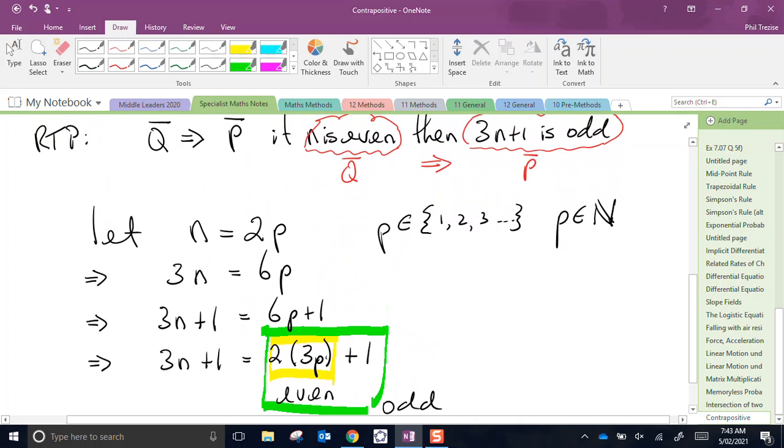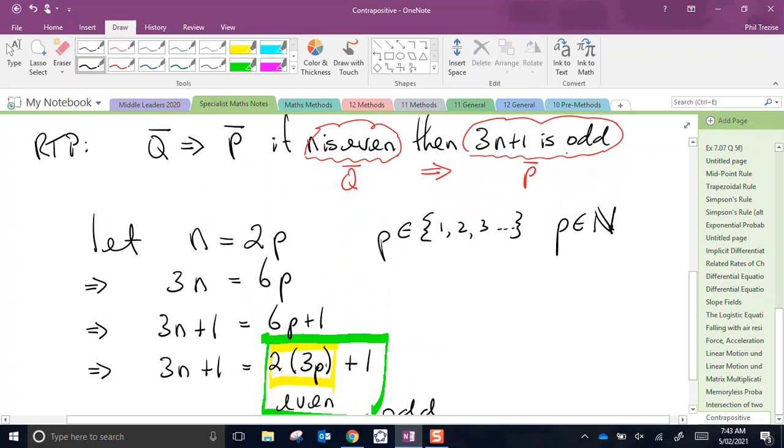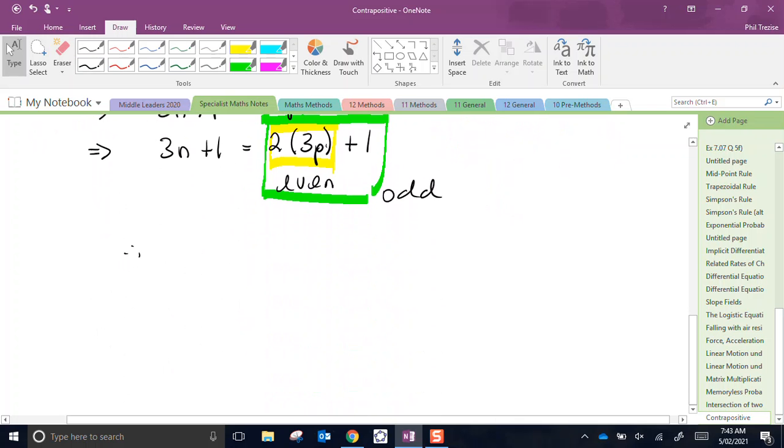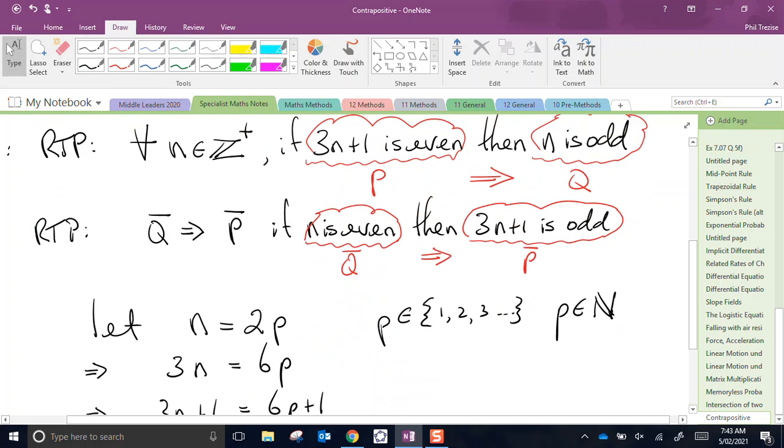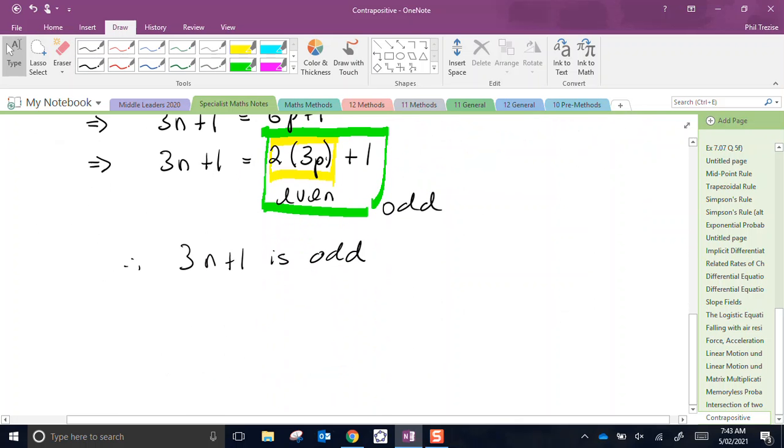Therefore, what can we say? We can say that 3n plus 1 is odd. Odd, and that means that our original statement is true by contrapositive.